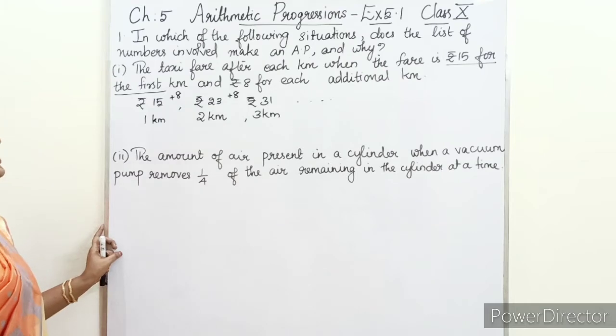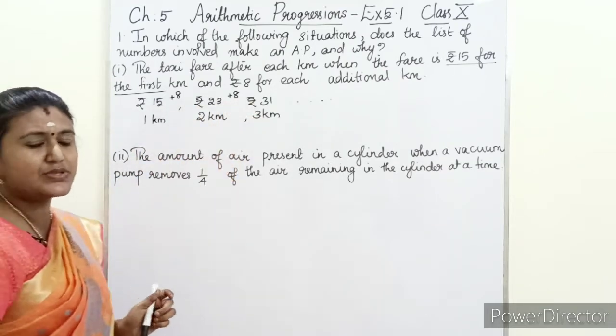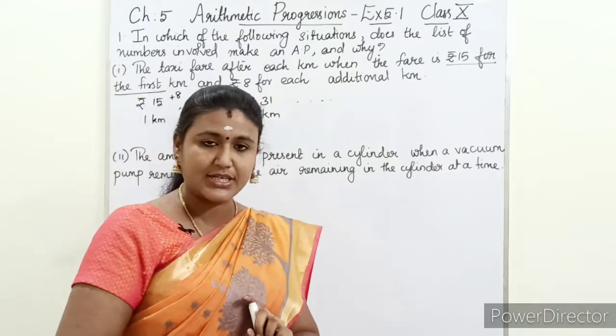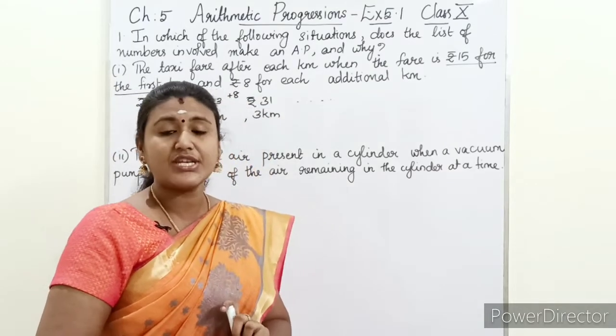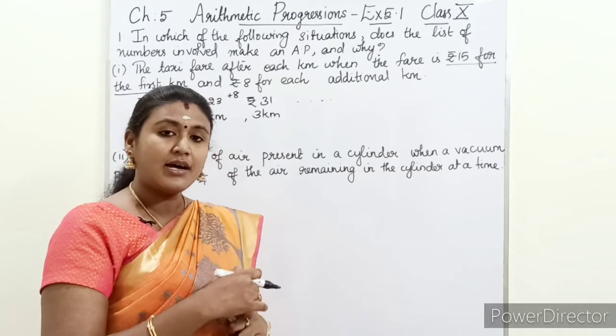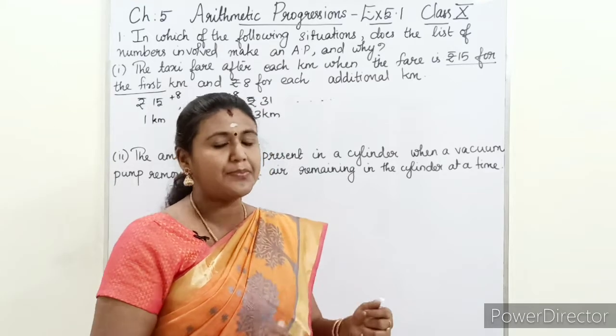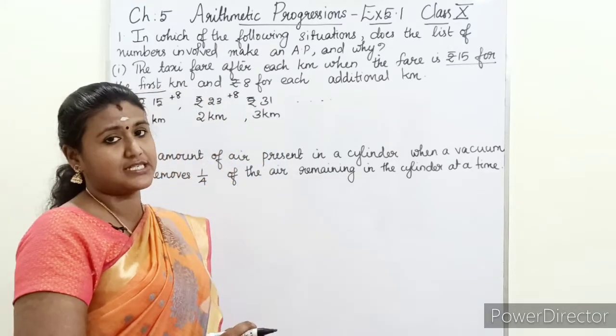Now we have to check whether these numbers form an AP or not. We have already discussed the definition of an AP in the introduction: a list of numbers where the next term is obtained by adding a fixed number to the previous term, except the first term.